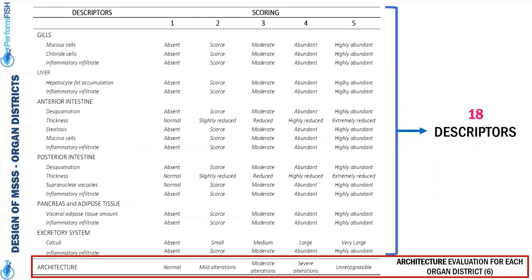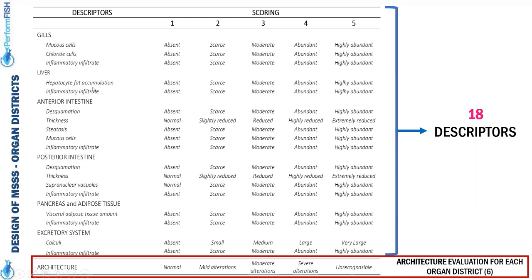In this table are summarized all the descriptors and the respective scores. For example, the gills are assessed for mucosal cell abundance, chloride cell hypertrophy and hyperplasia, and inflammatory infiltrate.